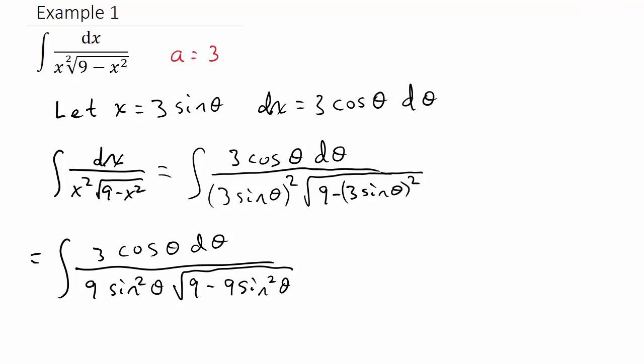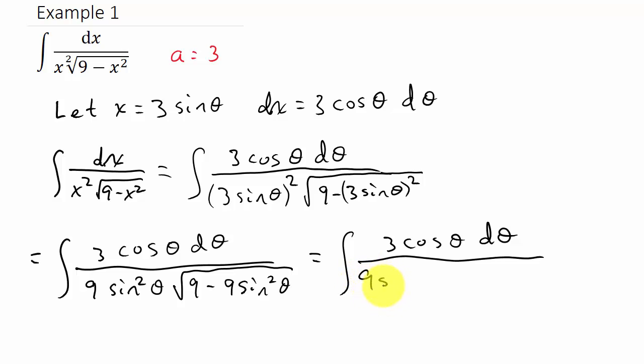After plugging everything in, all we're doing is simplifying. That's going to be 3 cosine theta d theta over 9 sine squared theta. Then let's look under the radical. You see how I can factor a 9 out?